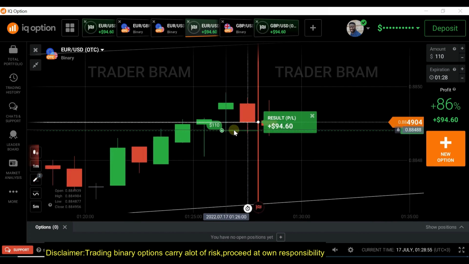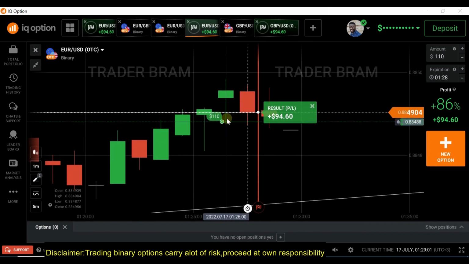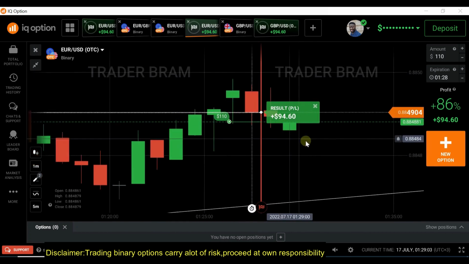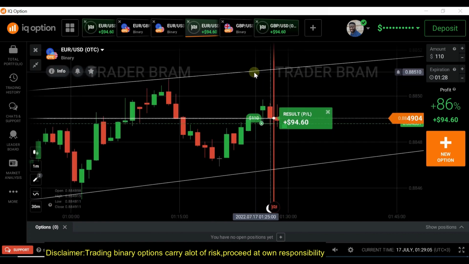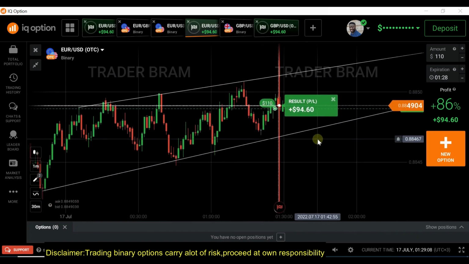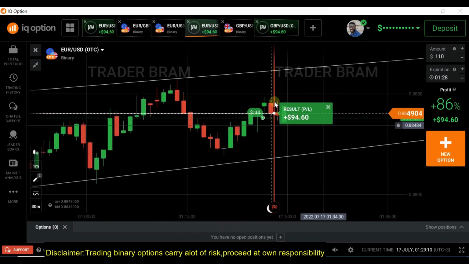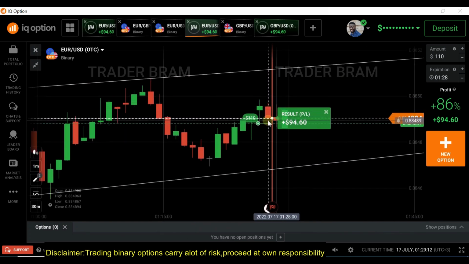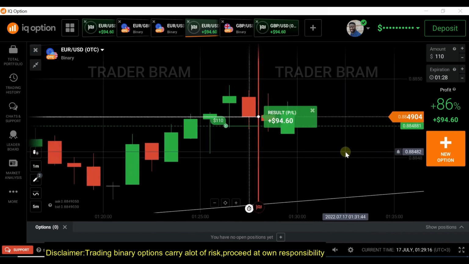I took a call option here because I saw this strong rejection on this bullish candle. I expected the market to move more up, maybe to reverse on this upper trend line. You can see the market is retracing on this level, but eventually it will come to this trend line.